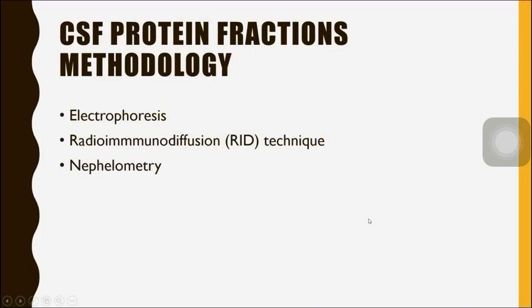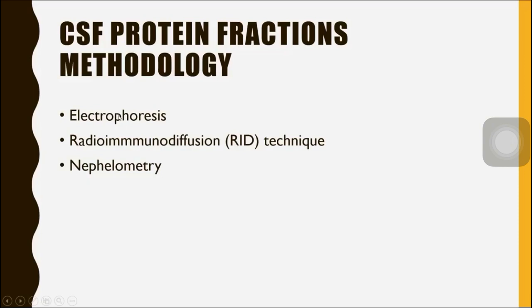Next, we have the CSF protein fractions methodology. As I said earlier, the normal protein fractions of CSF are similar to the protein fractions in serum. Usually, the diagnosis of neurologic disorder is based on performing CSF protein fractionation, not on the CSF total protein. Here we can detect which protein fractions are absent, which are present, and which are increased.